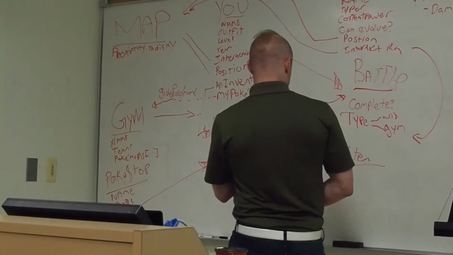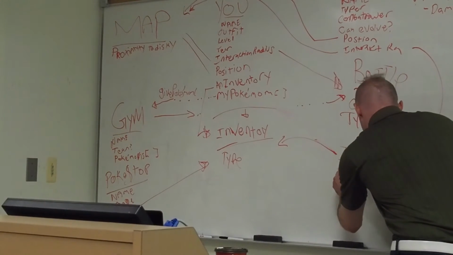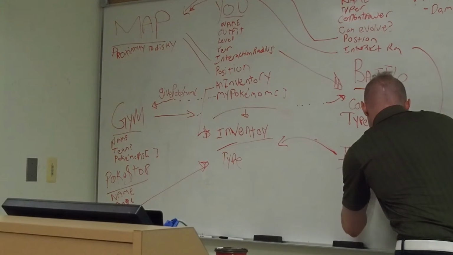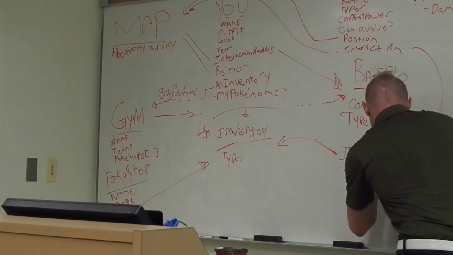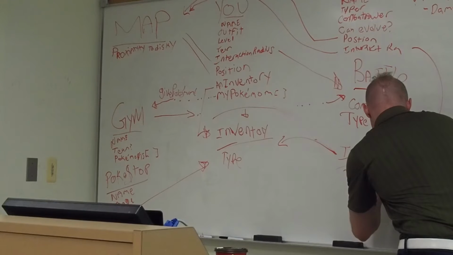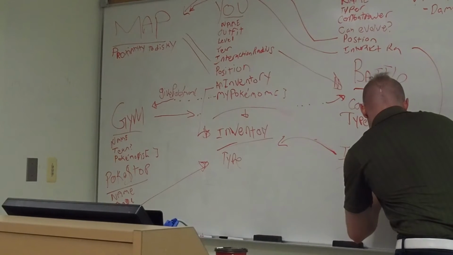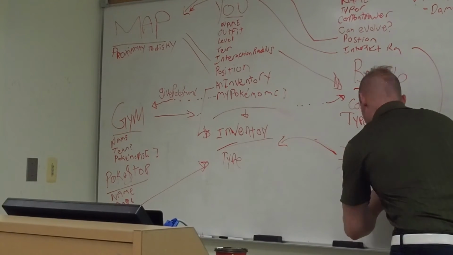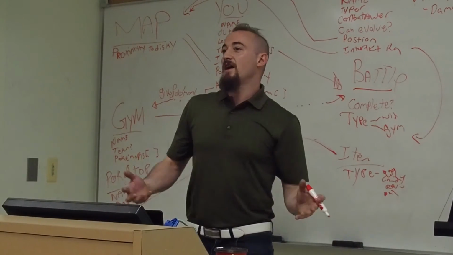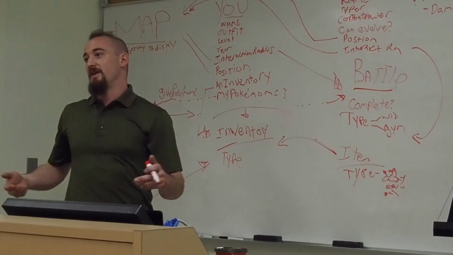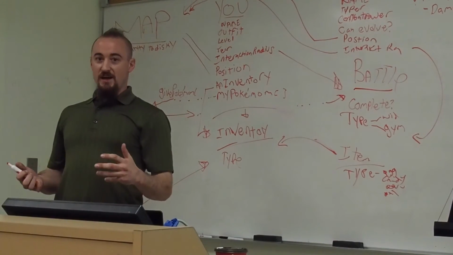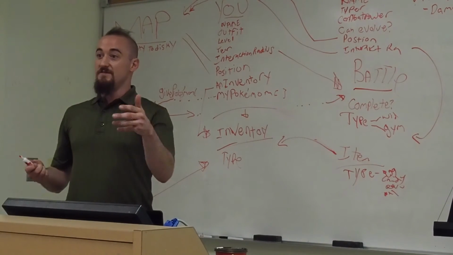So if you had an item type, it could be an egg, candy, revive, ball, raspberry, stardust. Yeah. And see now we're getting into data, right? Like these are actually list items, right? Like they're all individual. Yeah.